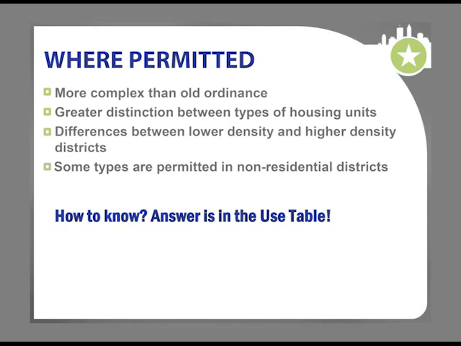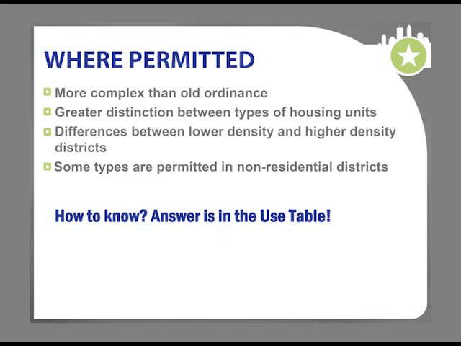That's because there are different types of housing units permitted in each of them. Another change is that some of these housing types that we just went through are now permitted in non-residential districts. So it's more complex, greater distinction across housing types, and some of them go across non-residential districts.